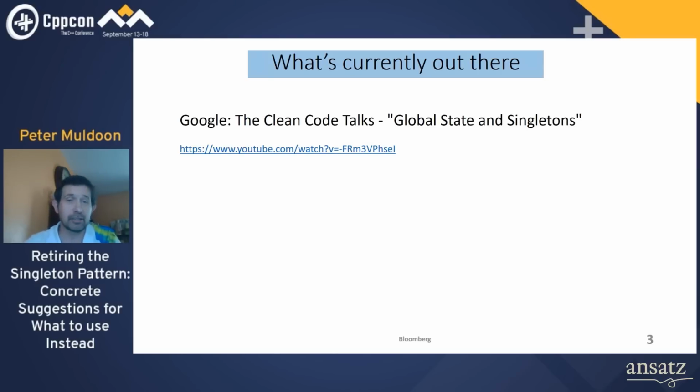One of the really good talks I came across was by Misko Hevery, the Google Clean Code talks. He talked about how singletons introduced global state and how it led to a form of code insanity, in that you can do the exact same thing but get different results, and you have no idea why. There's spooky action at a distance, and what are we going to do about that?